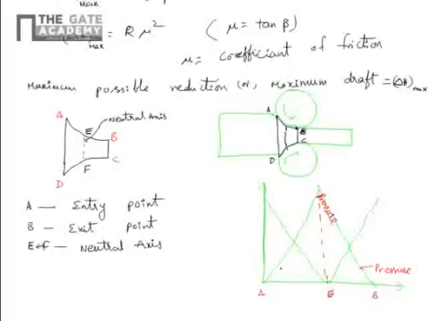At the neutral point, pressure will be maximum. This is P max. Pressure will be 0 again at the exit point. Similarly, relative velocity, this one is V minus V naught, V1 minus V.